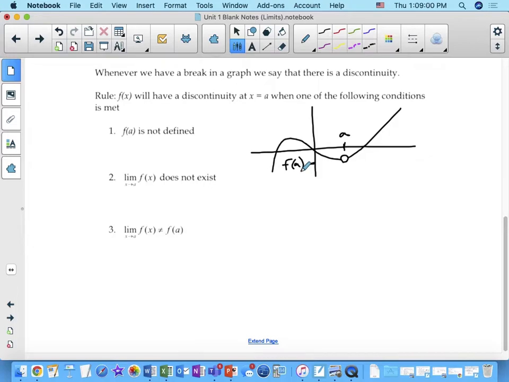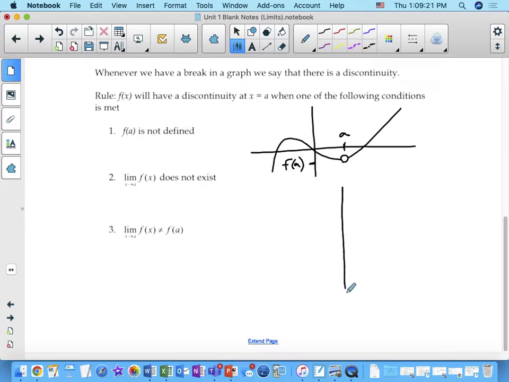Because as you approach a, there's convergence in the value of the function. Okay? The second situation that you can have is that the limit just doesn't exist, right? So that's where you might get a vertical asymptote, right?